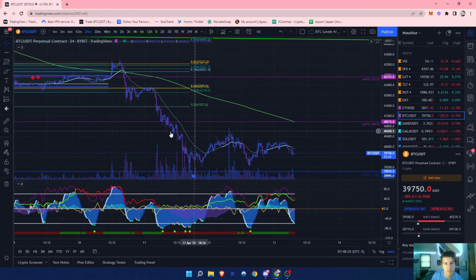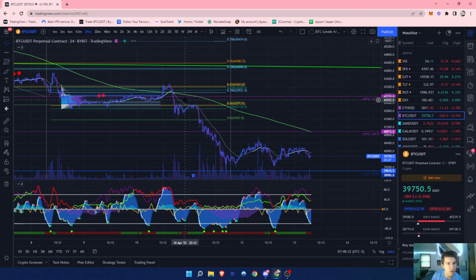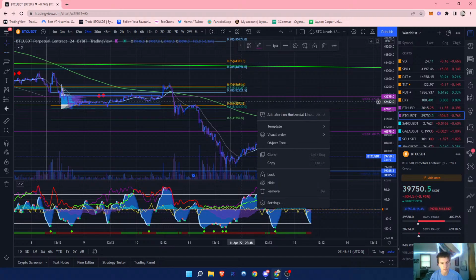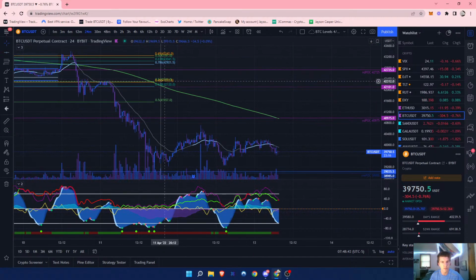Next, what I'm really looking for is a possible short up here. We're getting confluence, another thing I'd look for with levels. So I'm going to add an alert just below that level, that 42,000 level.